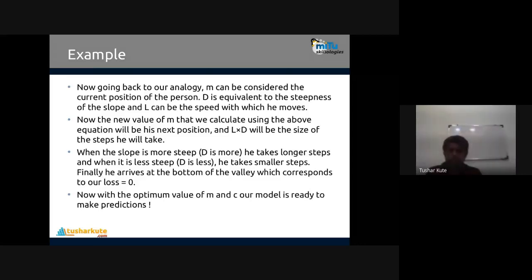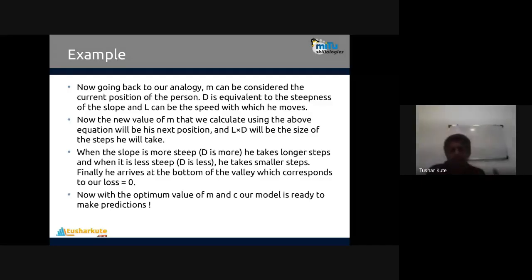Now let's go back to our analogy. M can be considered as the current position of the person starting toward the goal. D is equivalent to the steepness of the slope, the derivative is the steepness of the slope, and L can be the speed with which he moves ahead.